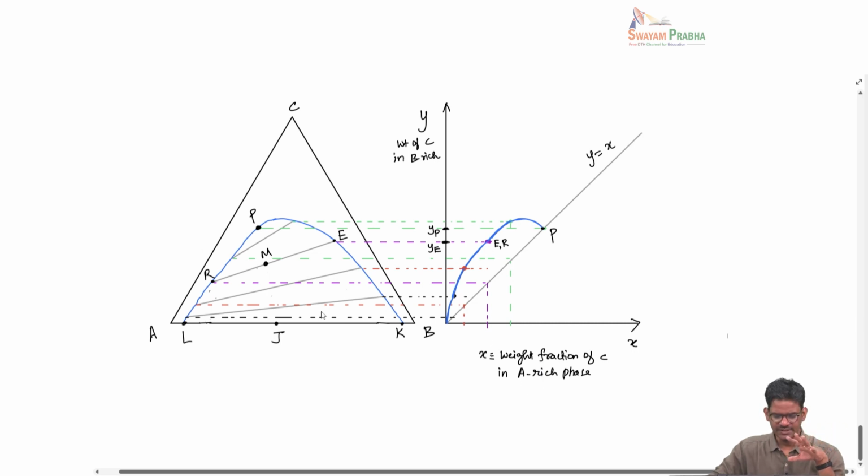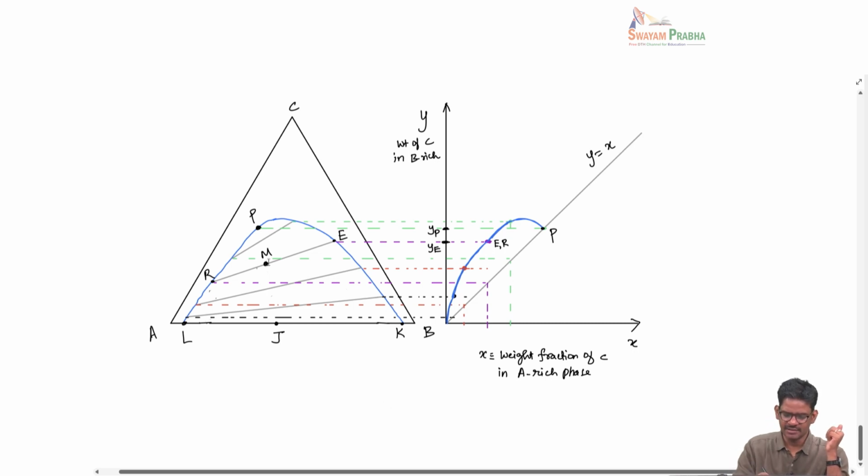Whatever information is already there, we are trying to put it in a different format, because we are very much tuned to writing y versus x equilibrium diagrams for absorption, desorption and distillation and so on.